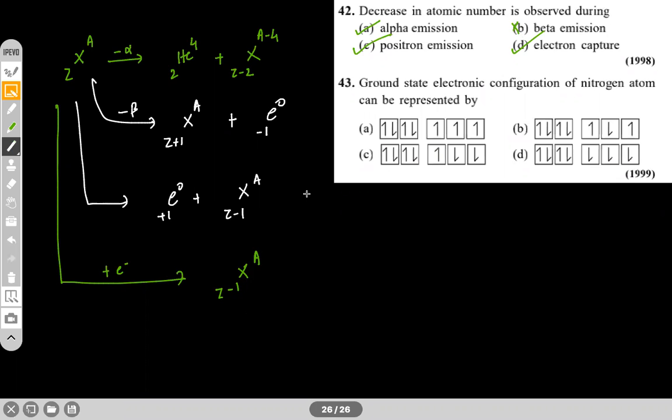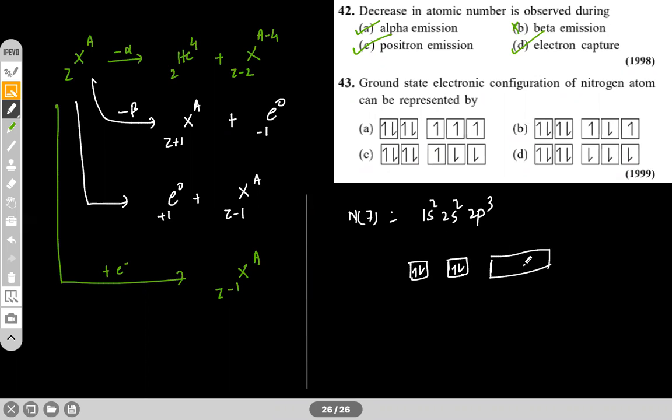The ground state electronic configuration of nitrogen atom can be represented by, means the outermost electron is being talked about. It is understood in this question. So N has 7 electrons, 1s2, 2s2, 2p3. So 1s has 2 electrons, 2s has 2 electrons, and 2p has 3 electrons, which is according to Hund's rule.